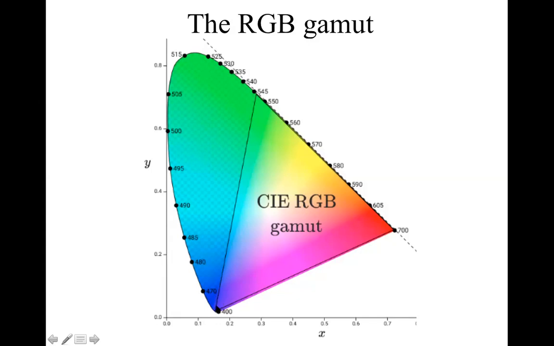Now, because you have a linear color model, all colors in the RGB space, if you are in the 3D, are basically part of the cube.